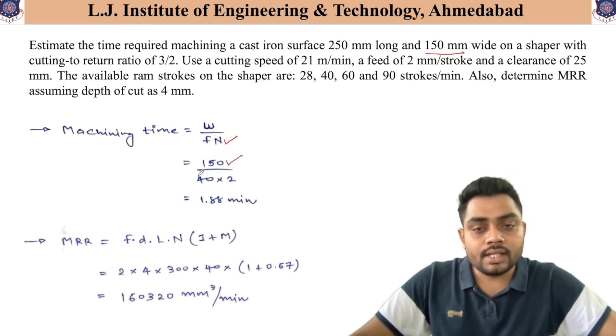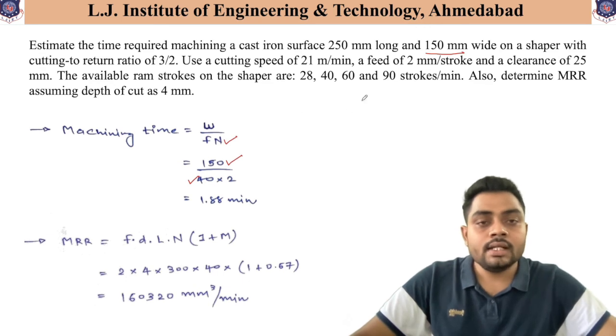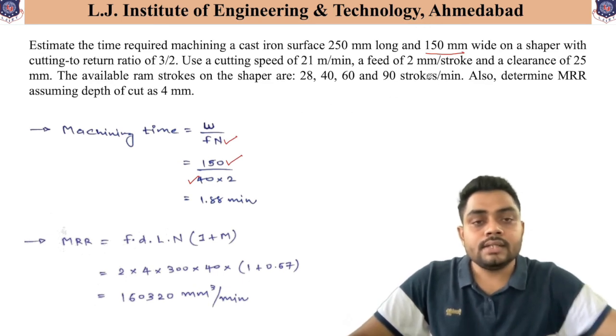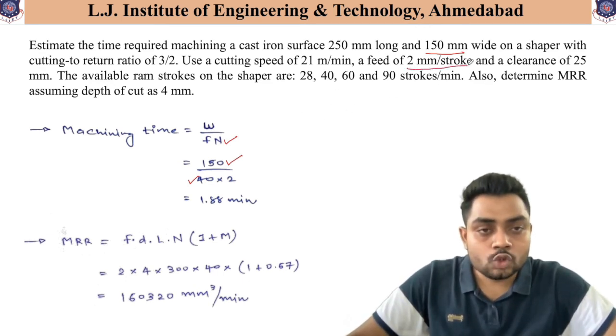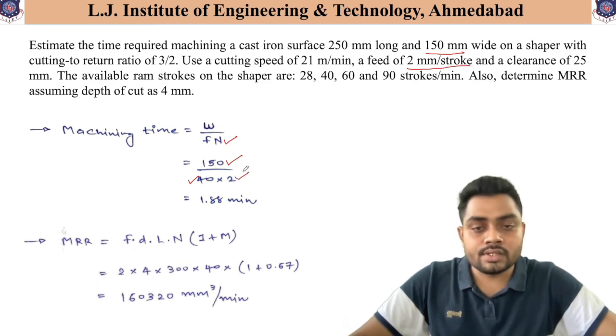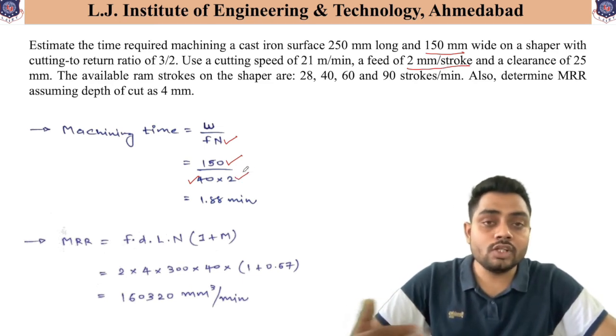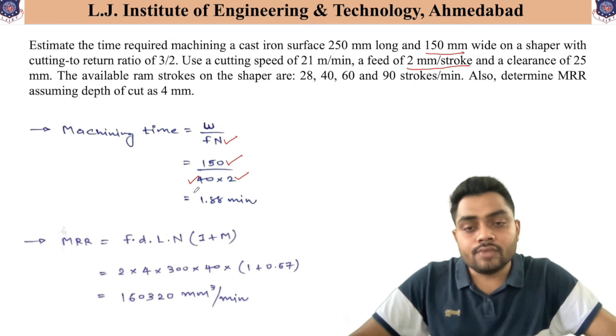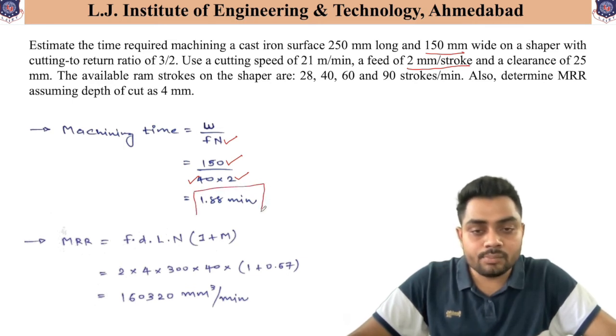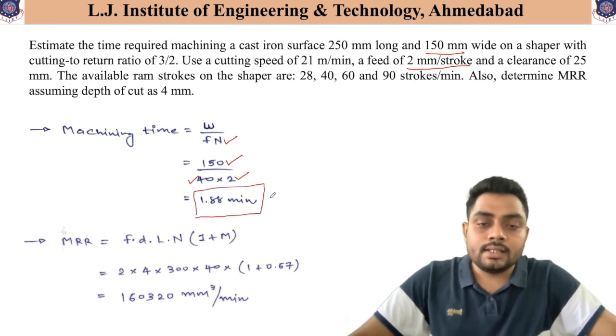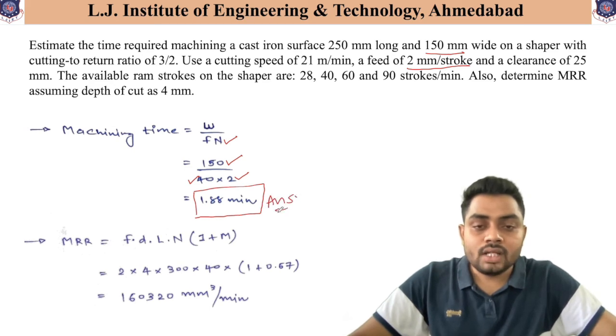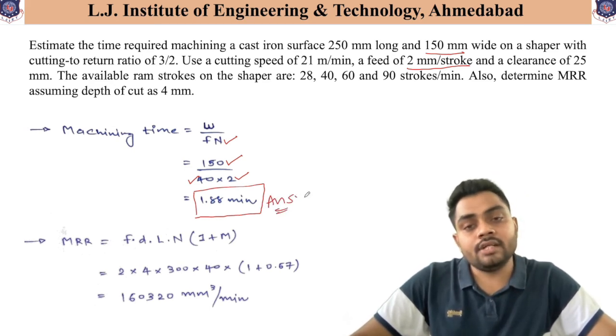Now the value of N we have already found, that is 40, and the feed available is mentioned over here, 2 mm per stroke. So that is also given over here. Now when you solve numerically, you will find that the value of machining time is 1.88 minutes, and this is the answer for your machining time required.